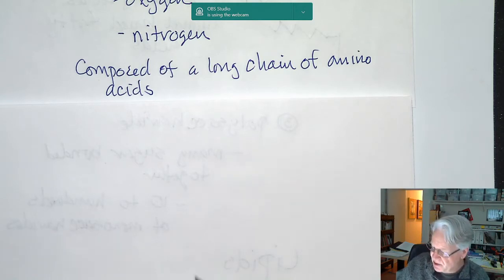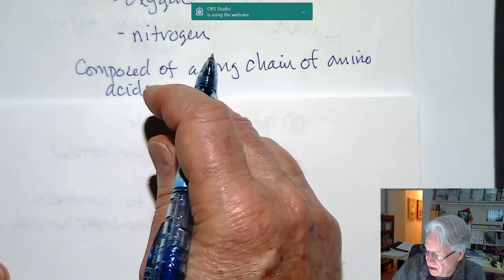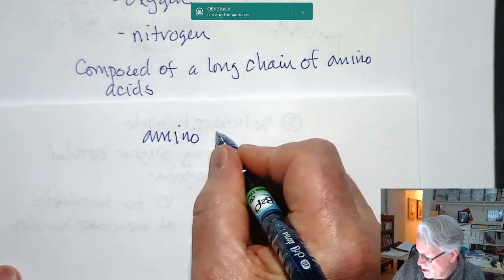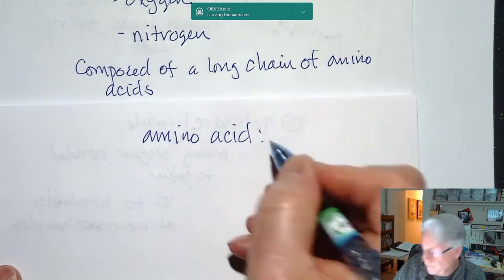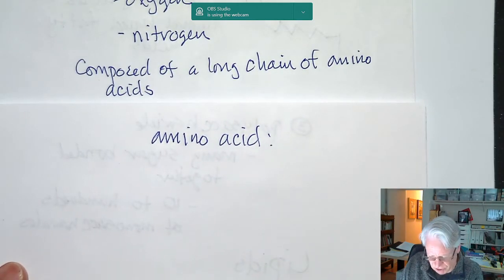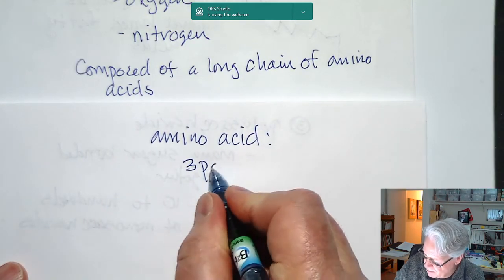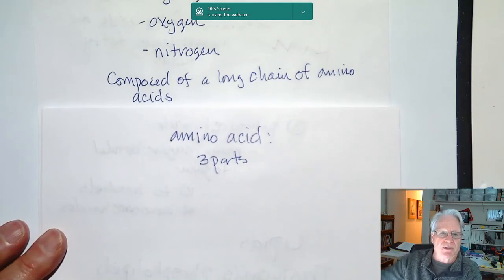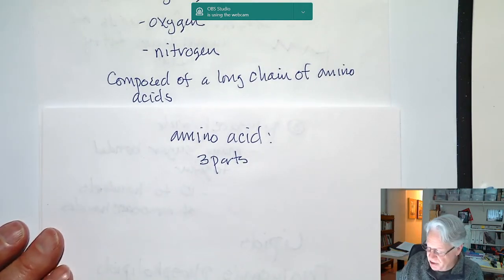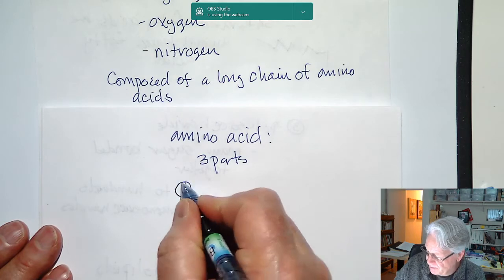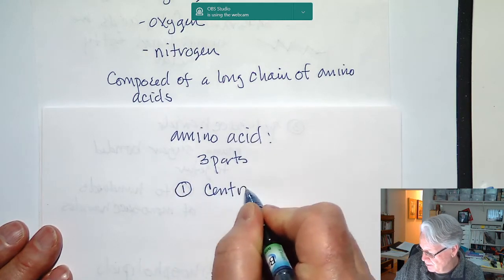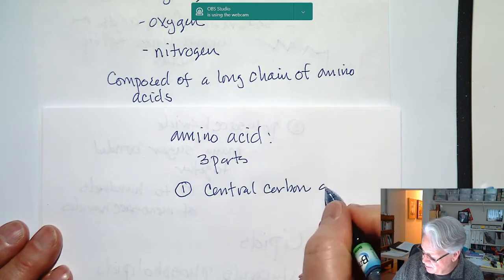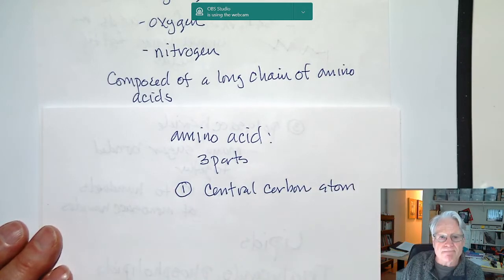And an amino acid has 3 parts to it. Those parts are, number 1, a central carbon atom.